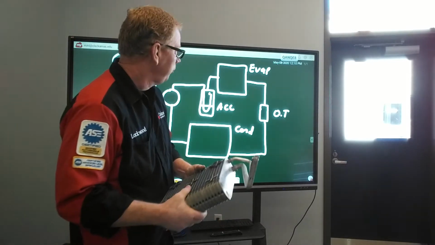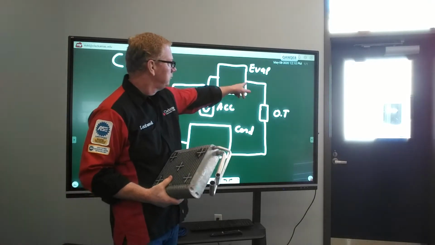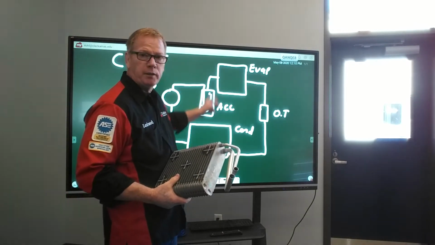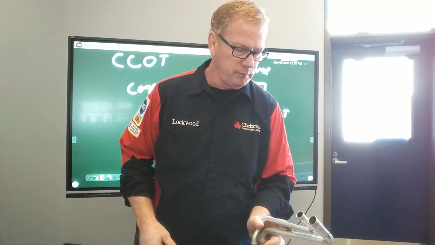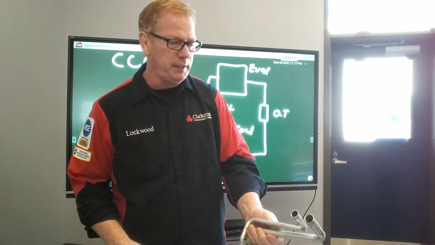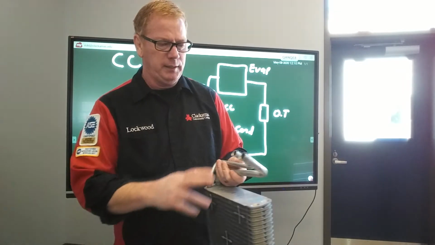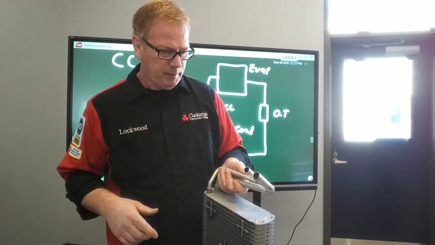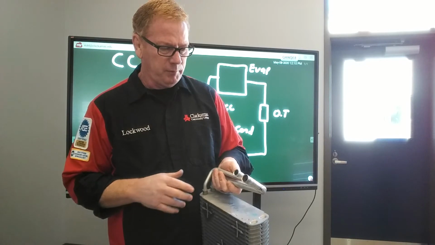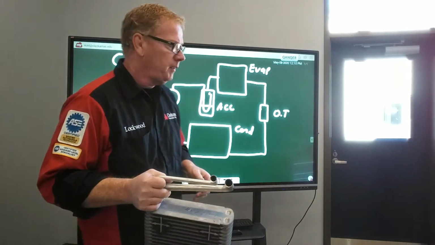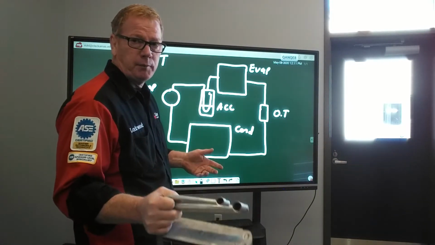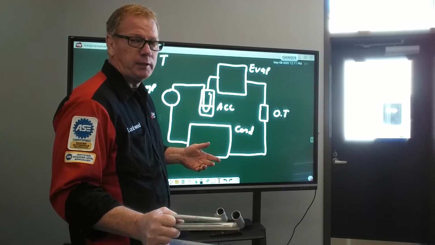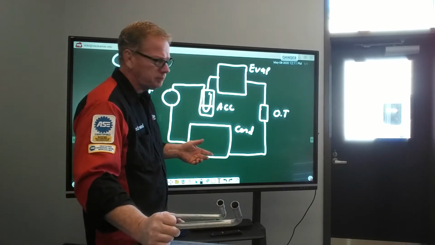Okay, so we've got two lines here, an inlet and an outlet, and I can, for the most part, identify those lines by looking at diameter. Now this is out of a different system that we haven't gotten to yet, a thermal expansion valve system, but I'm going to use it as an example for our cycling clutch orifice tube here.